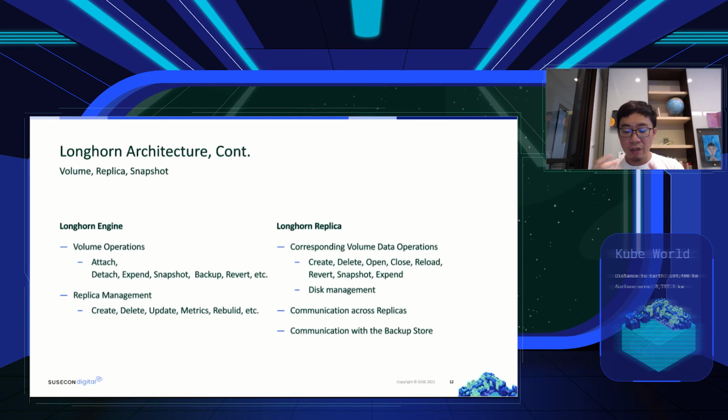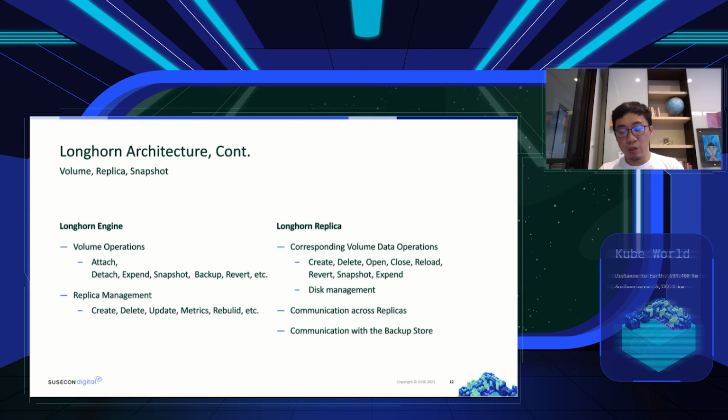Because when one replica errors, and after some time you need to rebuild your replica, you will get and clone the correct, healthy replica from the other replicas of the engine. So this is the communication needed for the replicas.